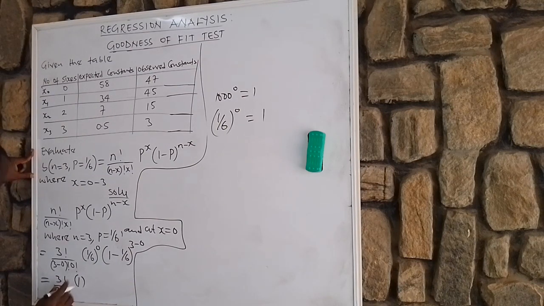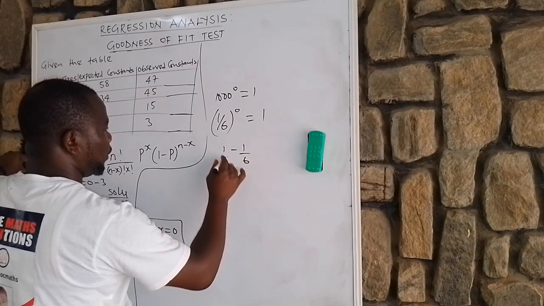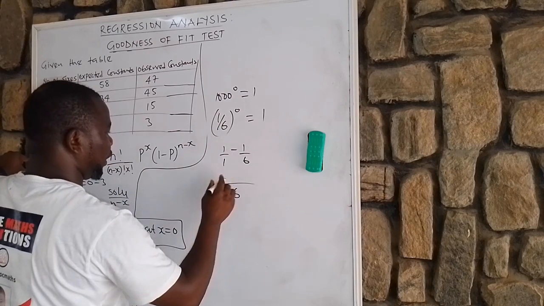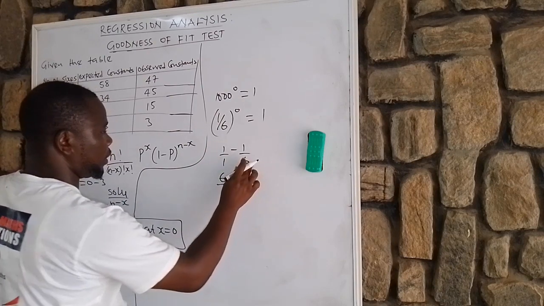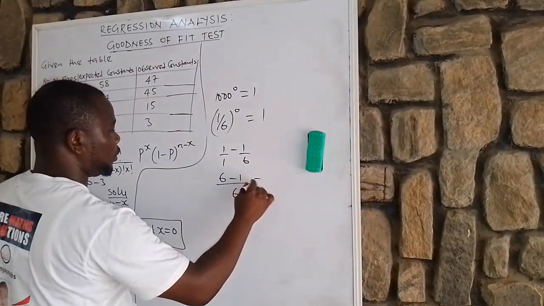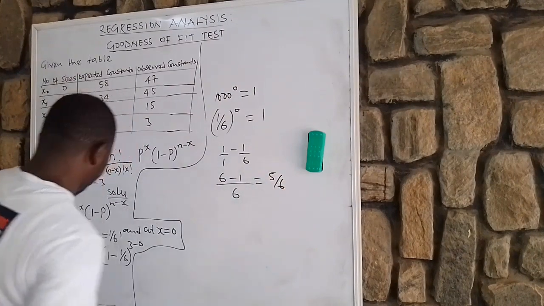Then here we look for the LCM. If we have 1 minus 1 over 6, note that the LCM here is 6. 6 into 6 is 1 times 6, 6 minus 1 is 5, so it is 5 over 6.